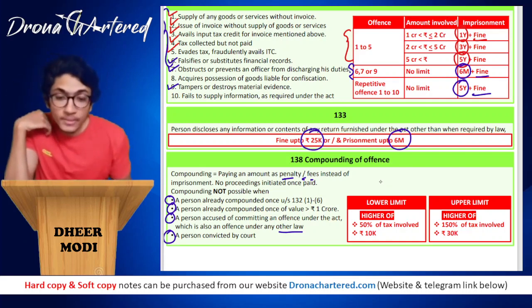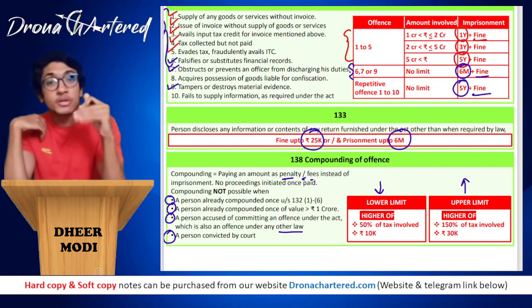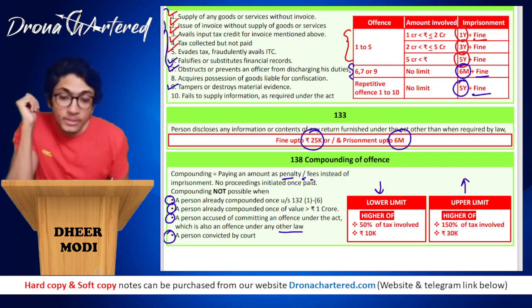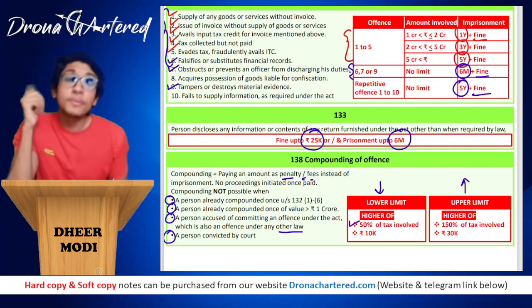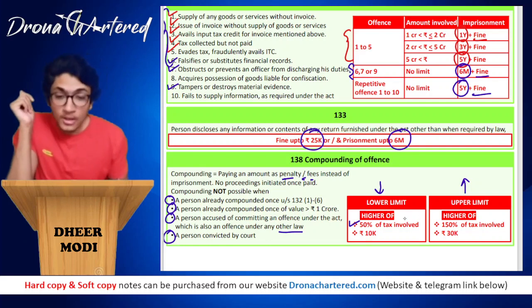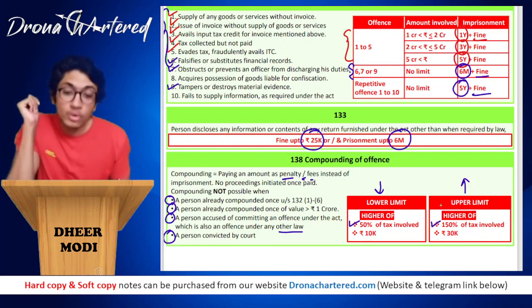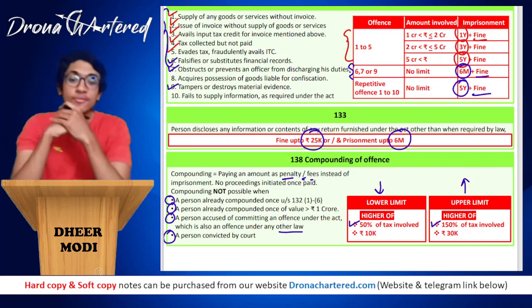Okay, so what is the minimum that you will pay and what is the maximum that you will pay? So your lower limit is the higher of 50% of tax involved. Okay, so we will do both of these together. Over here it is 50% of tax involved, over here it is 150% of tax involved.